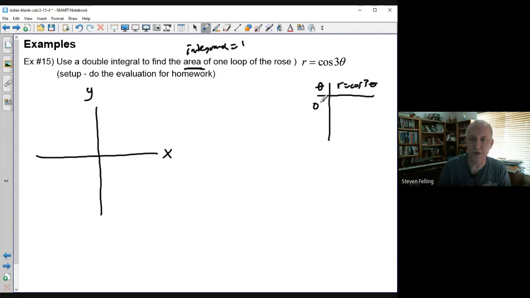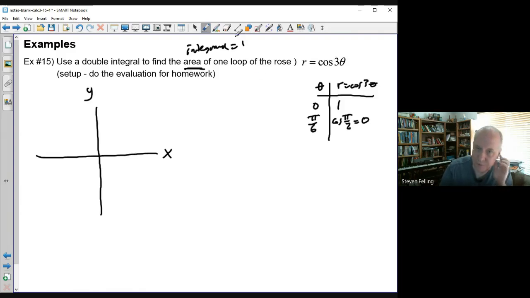Okay, when theta is 0, then r would be cosine of 0, which is 1, right? Okay, when theta is pi over 6, this would be cosine of 3 times pi over 6, which is going to be cosine of pi over 2, which is going to be 0 actually, right? All right, so let me start kind of graphing these. At 0, I am at 1.